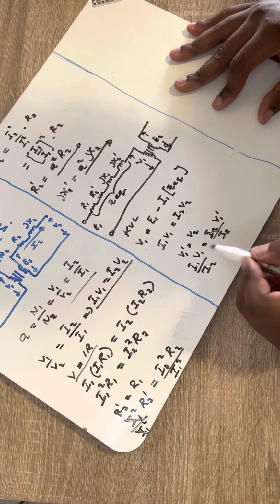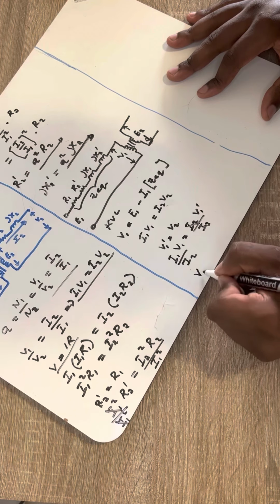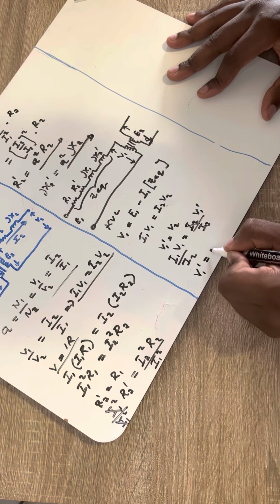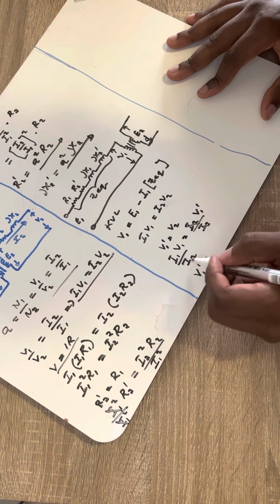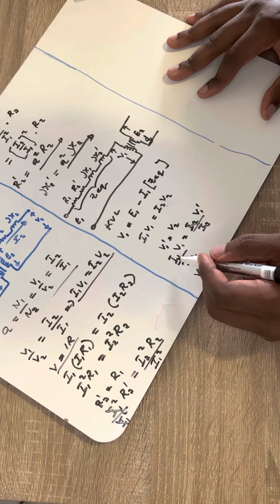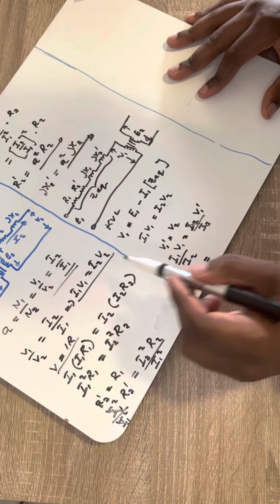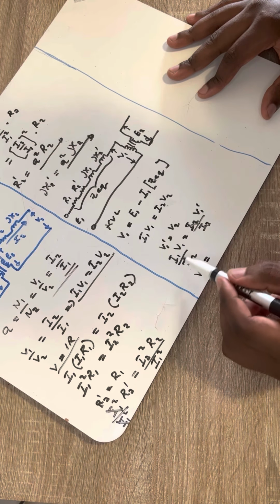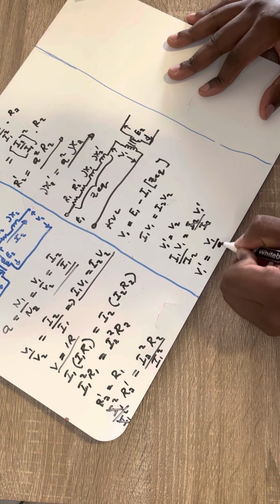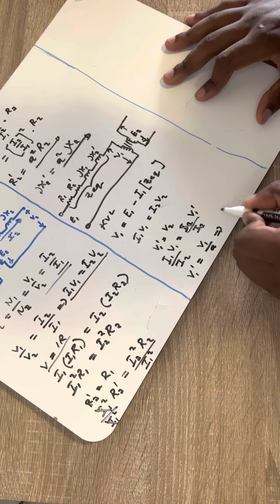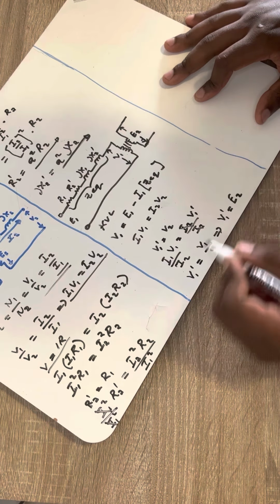So now our V1 prime will be equal to the reciprocal of our transformer ratio, I2 over I1. So this is 1 over A. Now we'll have V1 divided by A. So this says V1 prime is equal to E2, right?